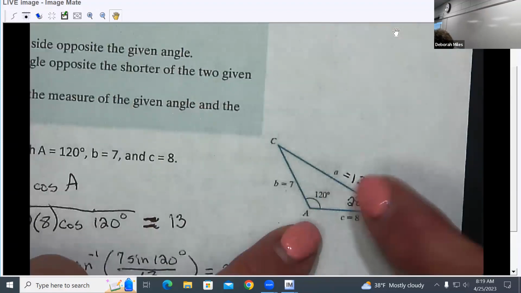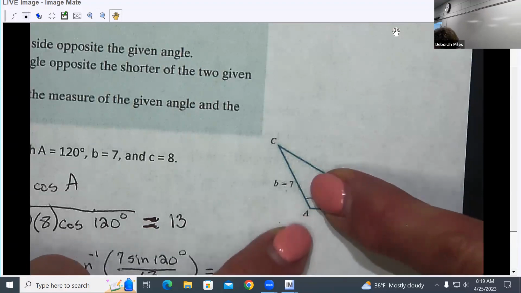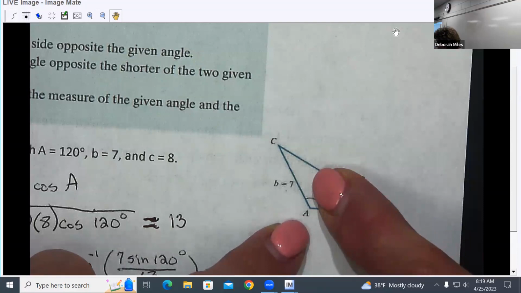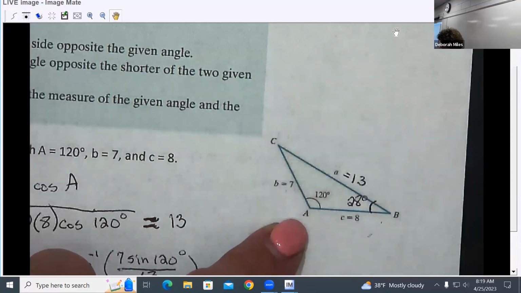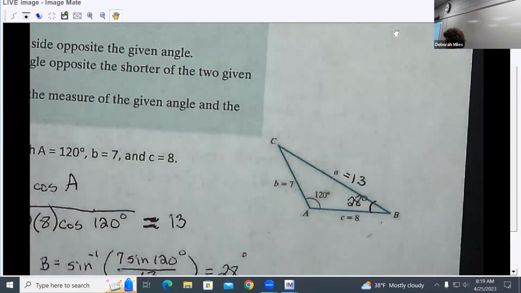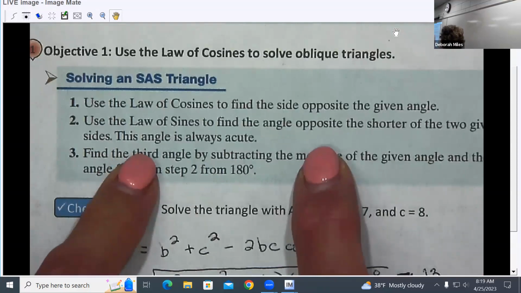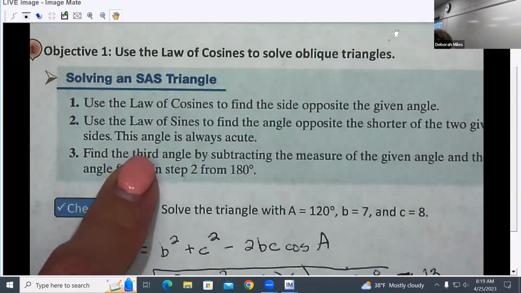But if I had not known angle A, I wouldn't have wanted to find it by the law of sines, because then it could be this in the first quadrant or that in the second quadrant. As long as you follow these guidelines, you're not going to encounter the ambiguous case. Right.